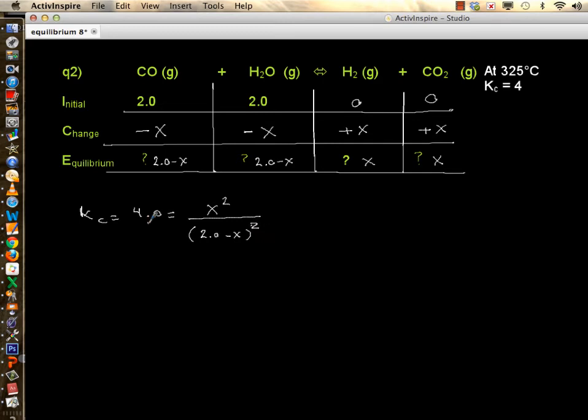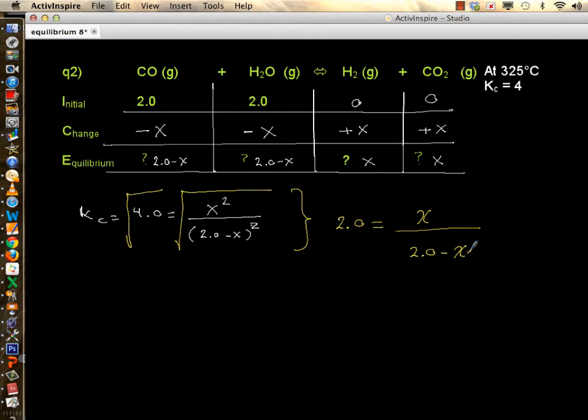Now to simplify this, take the square root of both sides. So I'm going to take the square root of 4 and the square root of the products. So this will say the square root of 4 is 2, take the positive value of course, is equal to x, not x squared anymore, the square root of x squared is x, divided by 2 minus x.